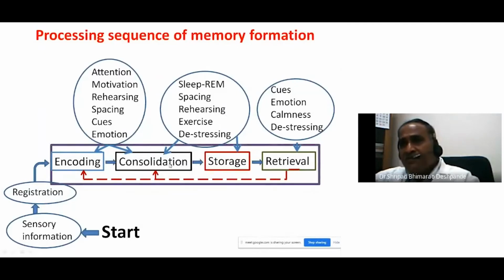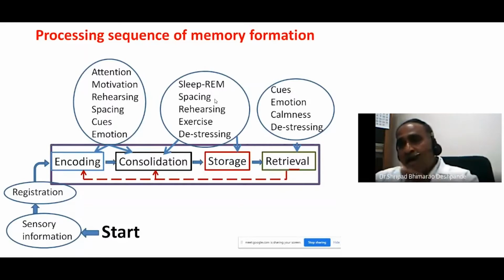Now, coming back to consolidation. I have already mentioned the spacing. You cannot consolidate at one go. On one day you sit and try to learn about a particular thing, not possible. You have to do it on repeated occasions, maybe 2 or 3 sittings, or 2 or 4 sittings, depending upon our own mental ability.